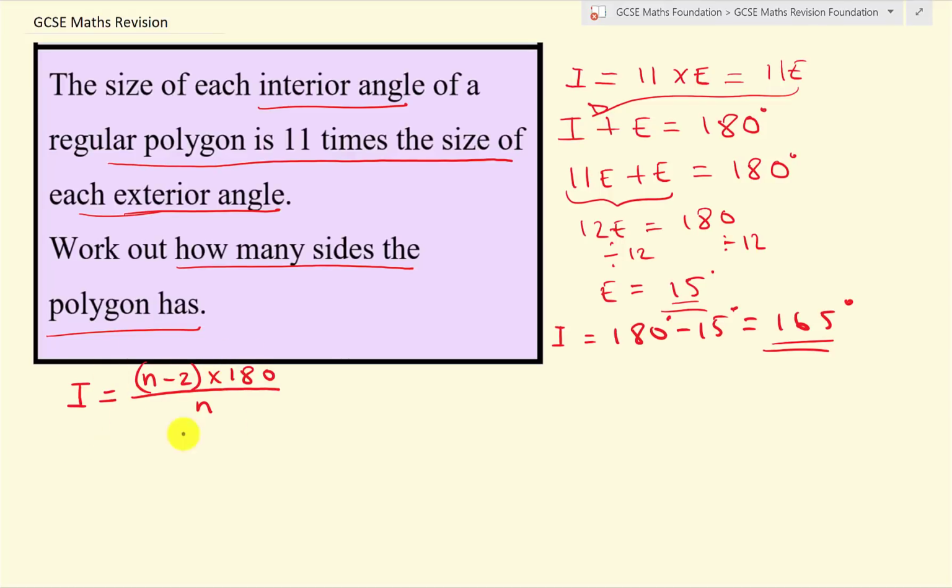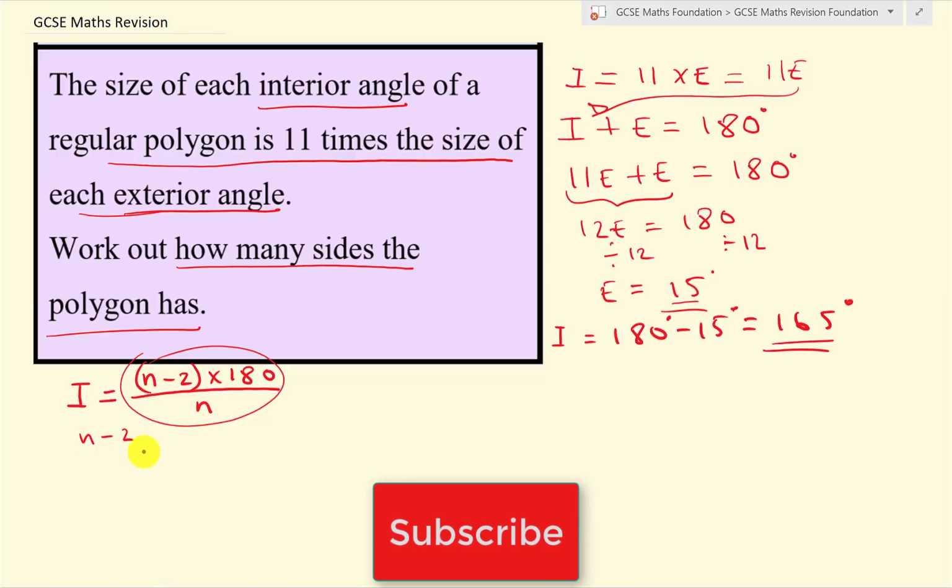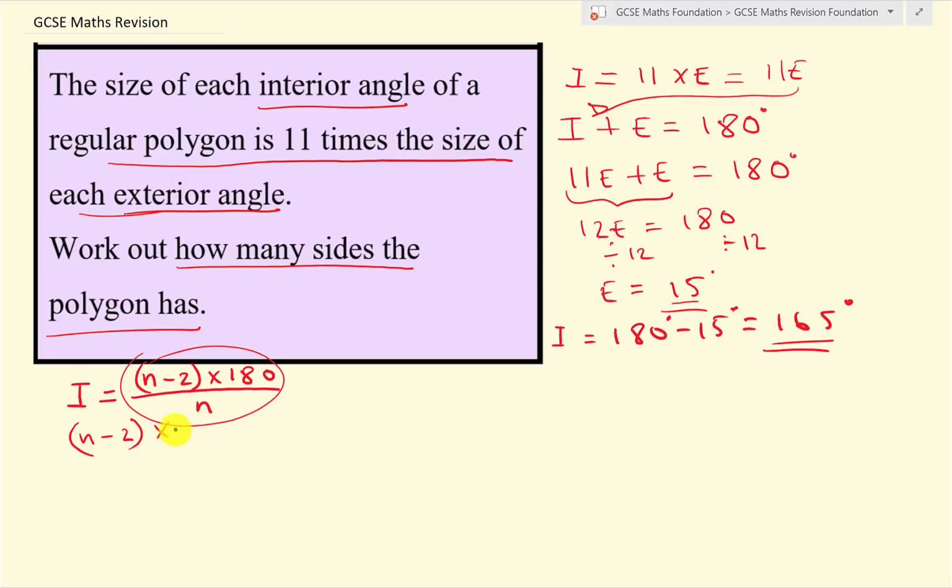Now we know that this interior angle is equal to 165 degrees, so we can put this expression equal to 165. So n minus 2 times by 180 divided by n is equal to 165, because that's our interior angle. Now let's solve it.